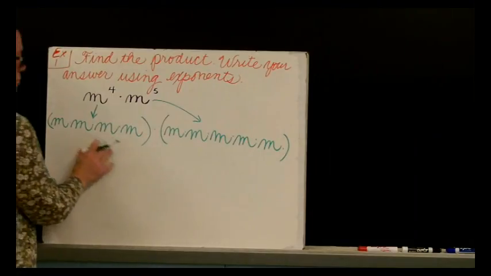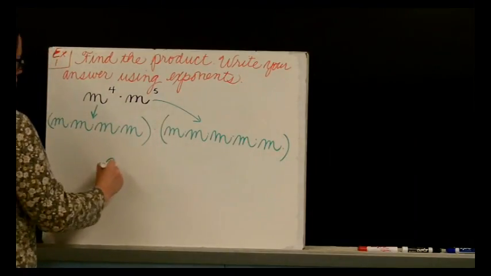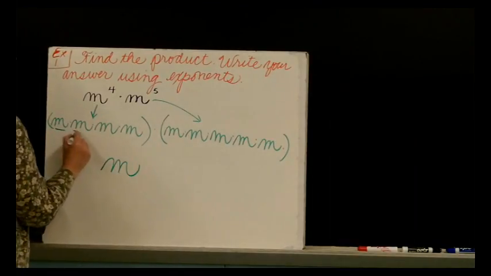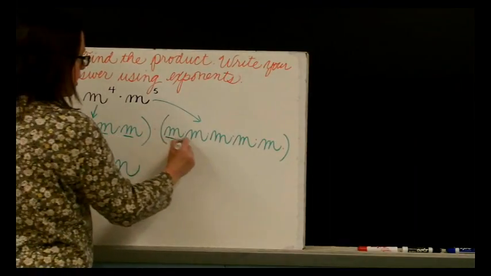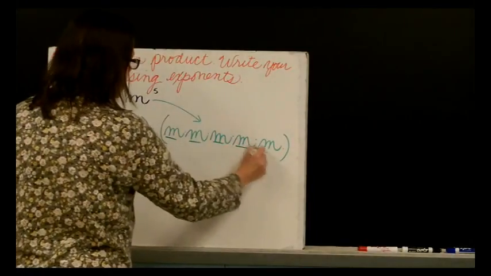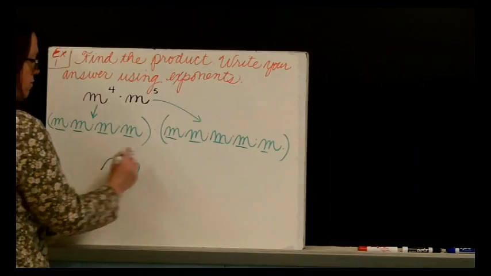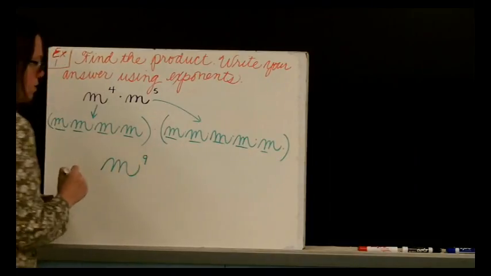So what do we have here? We have m, and how many times is m being multiplied? 1, 2, 3, 4, 5, 6, 7, 8, 9. So m to the 4th power times m to the power of 5 equals m to the power of 9.